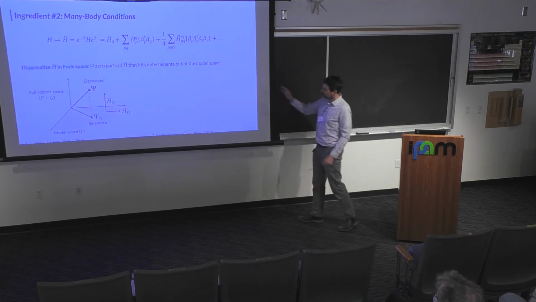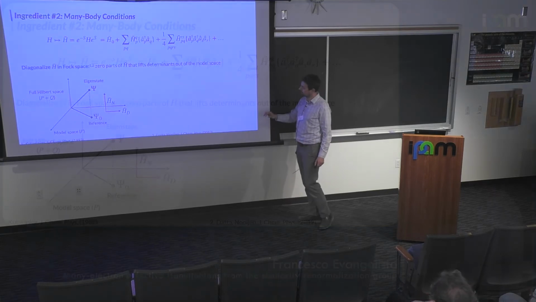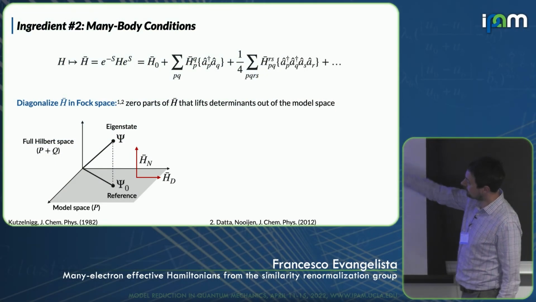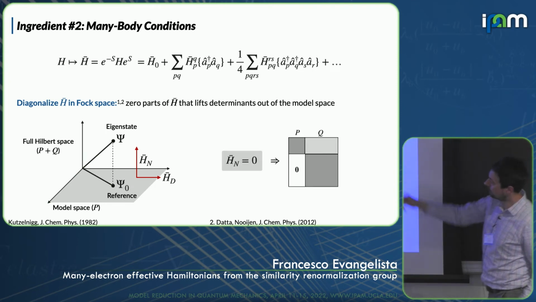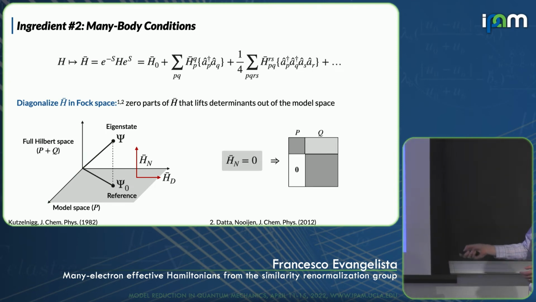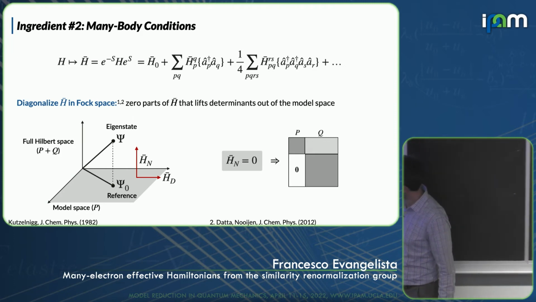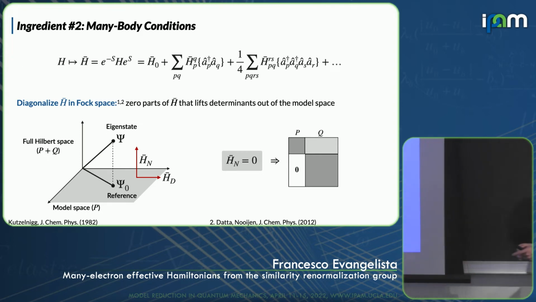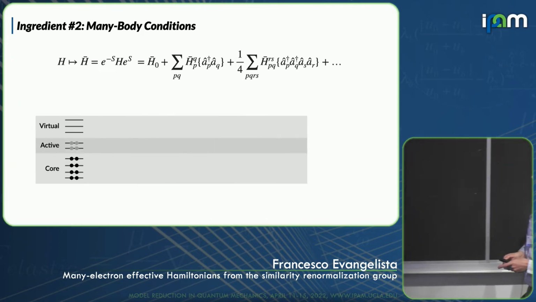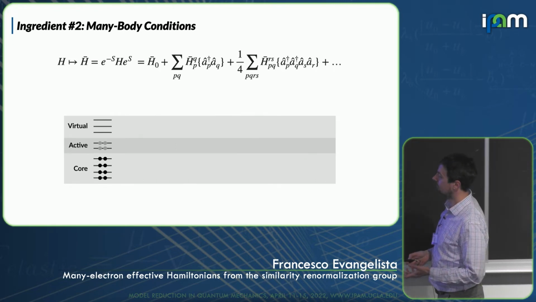And so I said I was talking about how I work in Fock space, and the part that I'm going to eliminate is actually just parts of these operators. And I'm going to define this as the part that lifts this reference out of this model space. And that's equivalent to this idea that I want to decouple these two spaces. So what does this look like in practice?